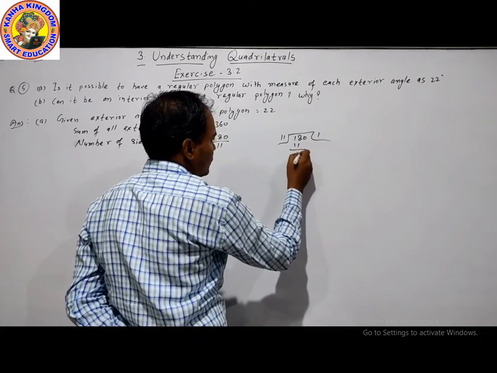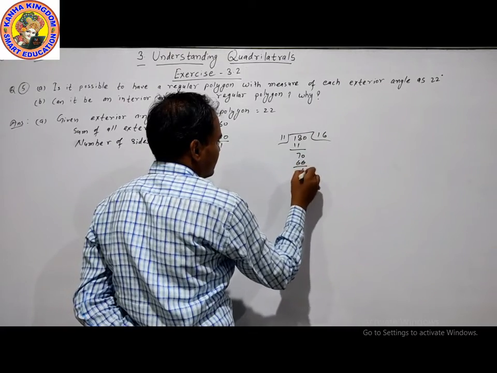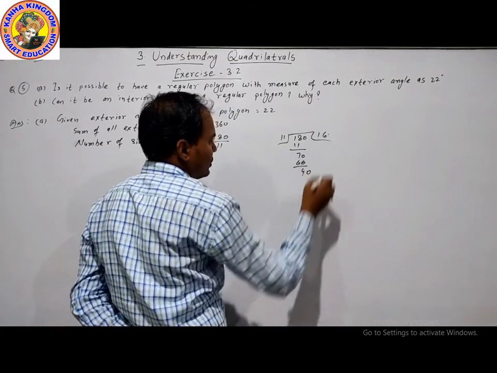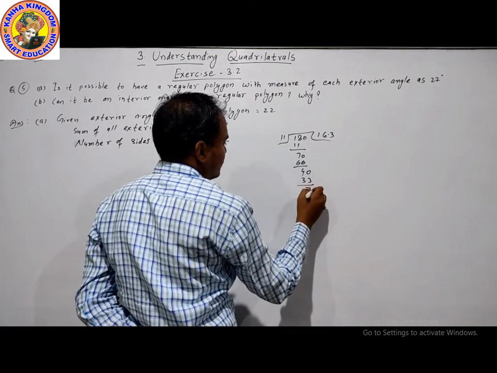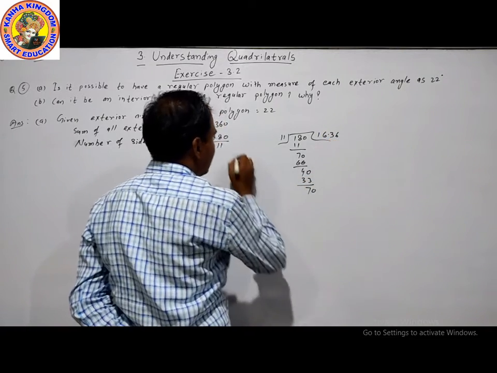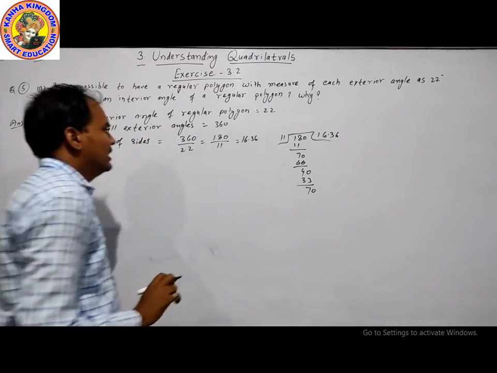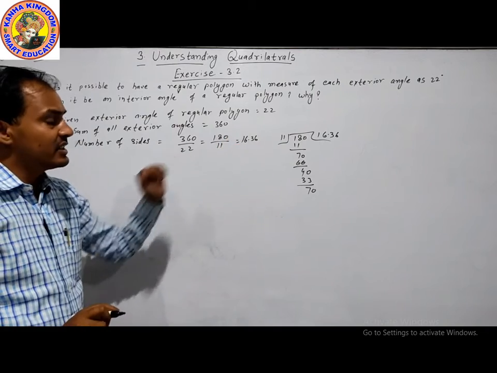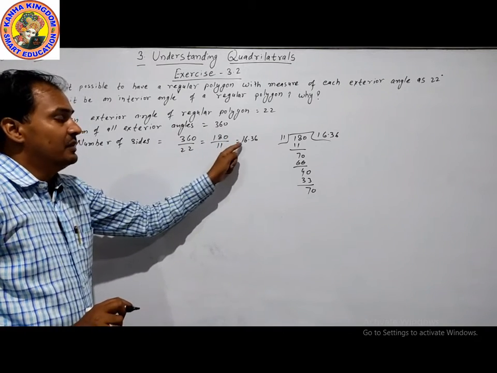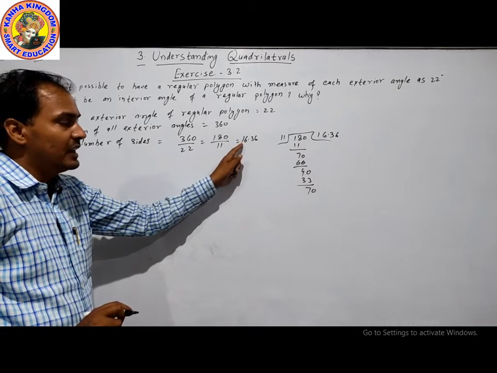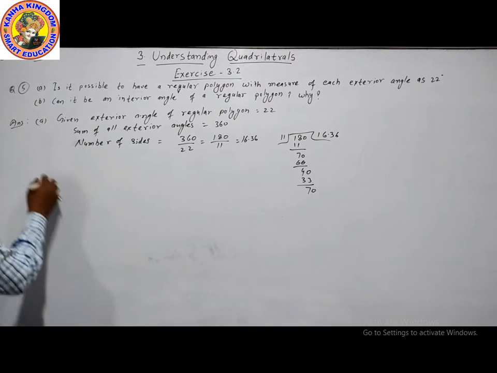It comes to 16.36. The number of sides would be 16.36, but we cannot draw a polygon with 16.36 sides.